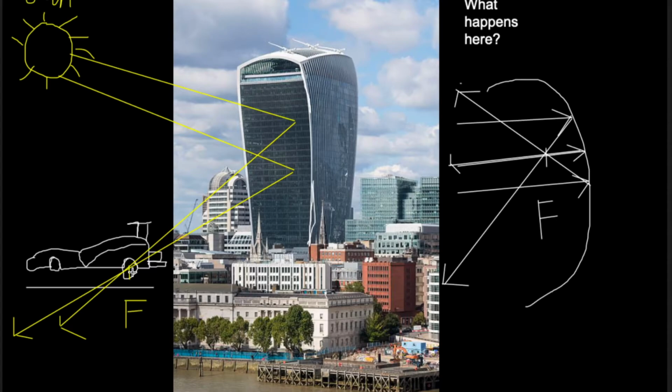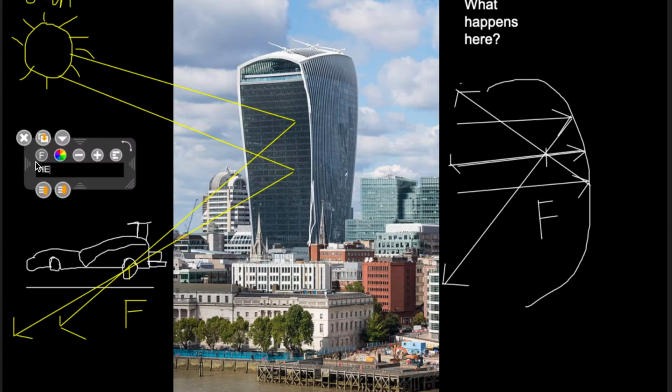Whenever light is converging, there is some energy which is formed, right? Usually it will be a normal light energy, but with light energy there is also some heat energy. Let me just write this here. Heat energy is also formed.